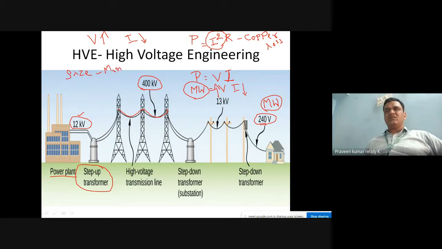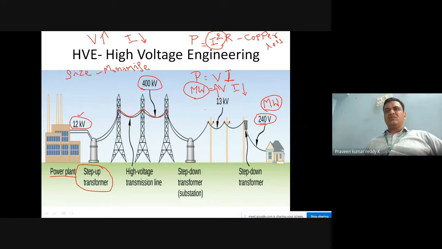If I don't follow this high voltage approach, then to satisfy the same power delivery I will have to use big conductors, because if the current value is high, to withstand that large current and the heat generated by I square R losses, I will have to use very thick and very big conductors for the transmission of power, which is not feasible practically because of mechanical constraints, sag, and all those things.